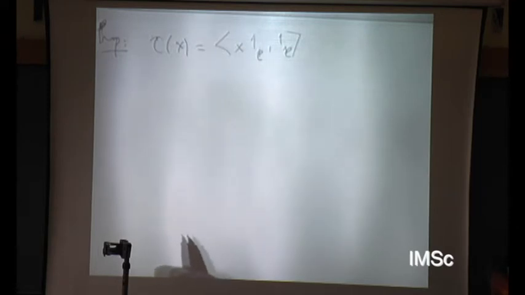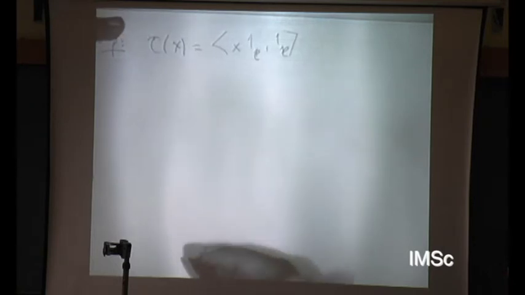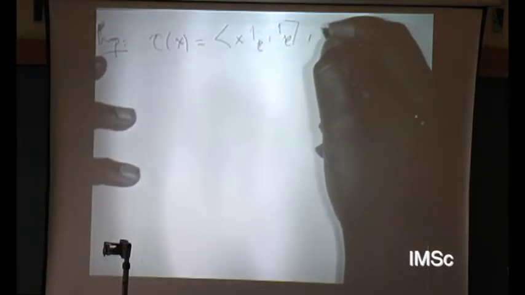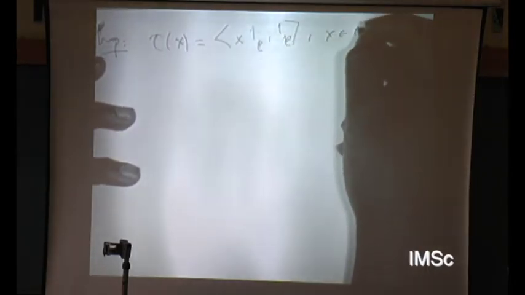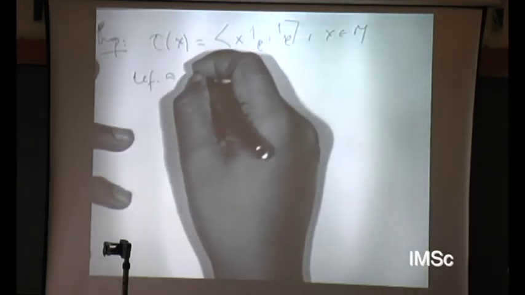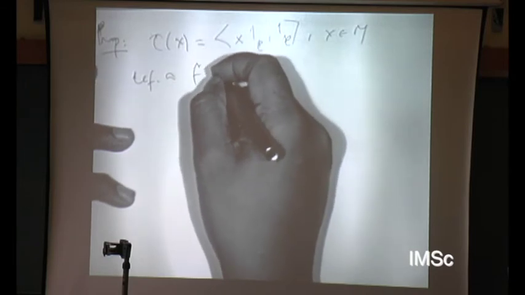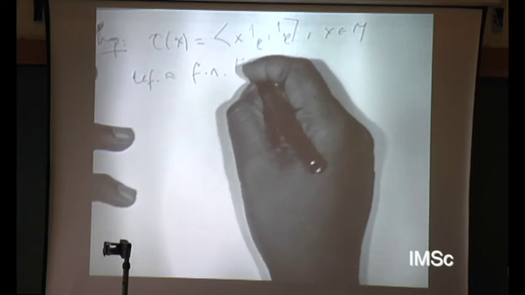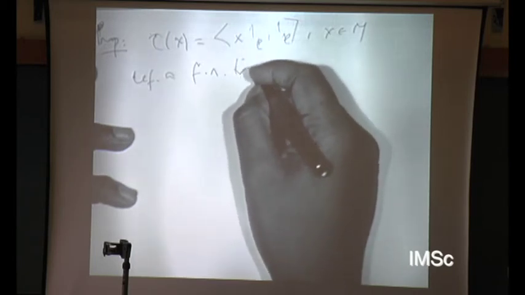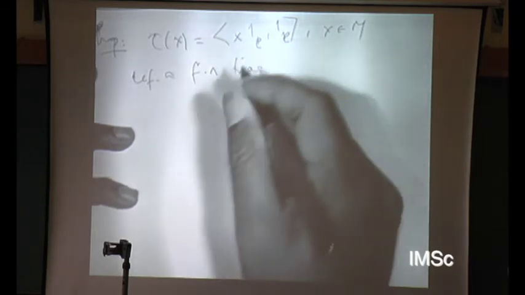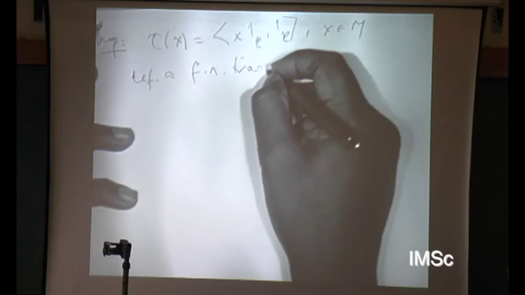I'm saying you look at the vector state determined by the identity element of the group. Then the statement is that this, for x in M, defines a faithful normal tracial state.